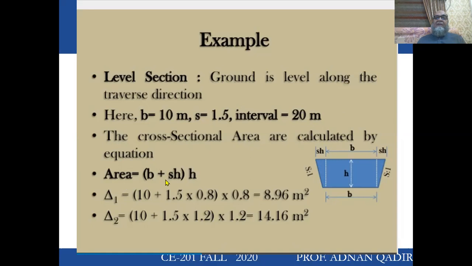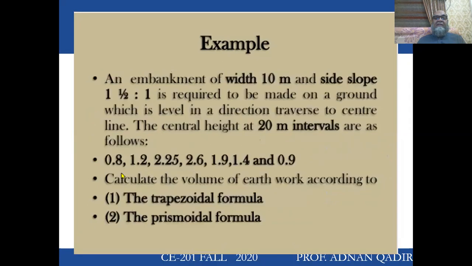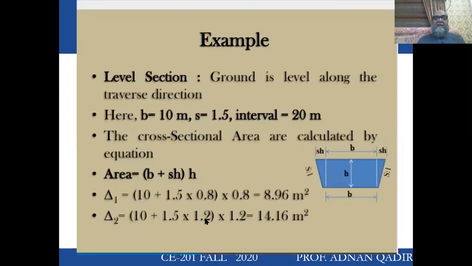So area is simply (B plus SH) into H. B is the width, S is the side slope, H is the height, the first being 0.8 here. Then you use 1.2 to 0.25. The height is varying along the sections, so only this value will change.